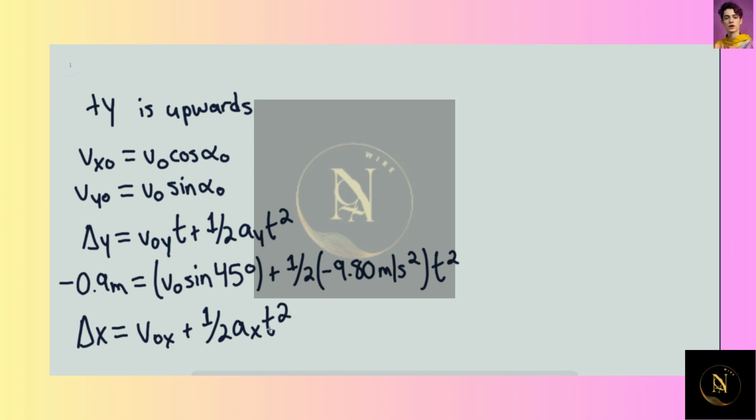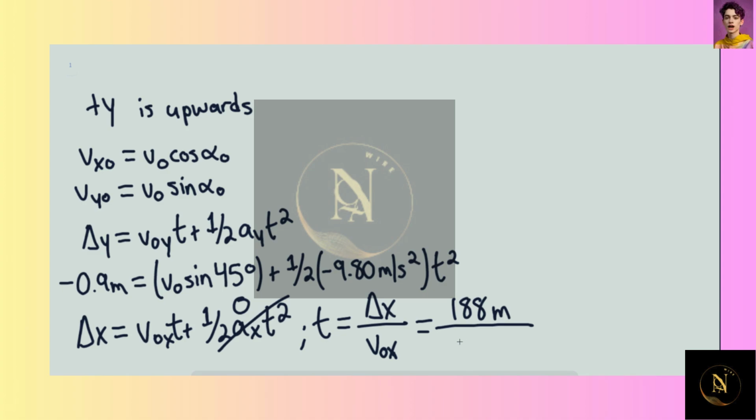Here, we don't have any acceleration in the x direction, so we can eliminate this term, and this would be 0. And so time would be equal to delta x over the initial x velocity, and this would be equal to 188 meters divided by the initial cosine of 45 degrees.